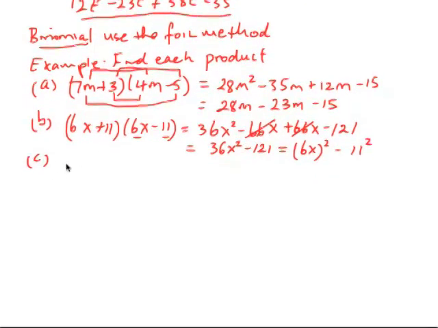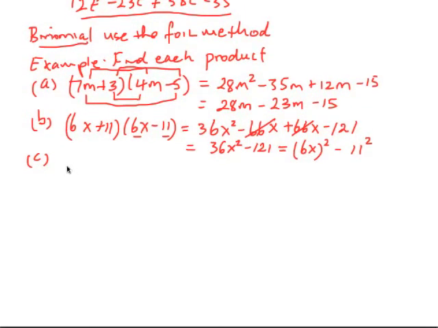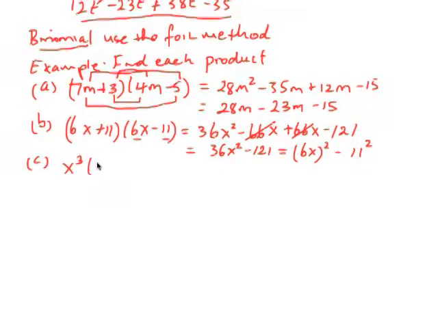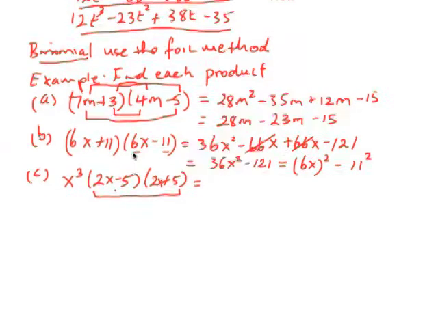Let's extend now the idea to having three terms, but one is a monomial term. Let's suppose we want to do this. Now you'll notice here that these two terms are very similar to what we had up here.